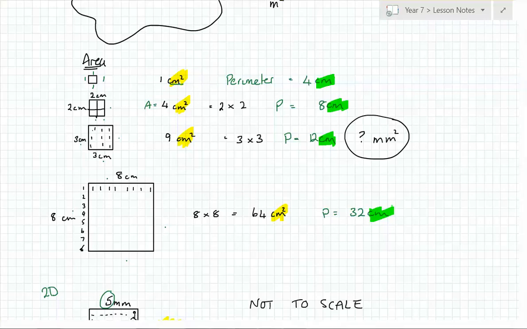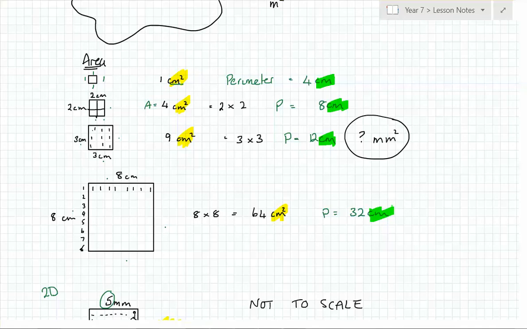How would you describe area to me, Ryan? It's the surface of a shape, the amount of space taken up. How would you calculate it?